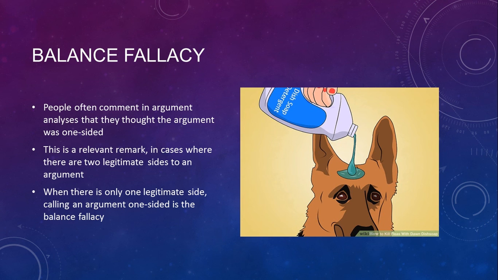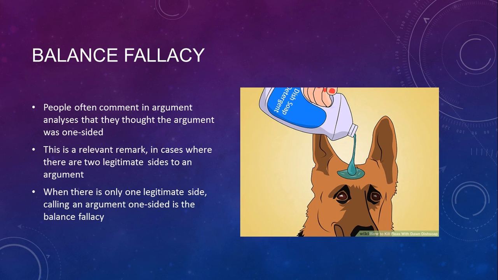So again, using the term balance fallacy at somebody is extremely unlikely to move the conversation forward, because they wouldn't be saying, well, what about the other side of the argument, if they didn't think that there's another side of the argument.